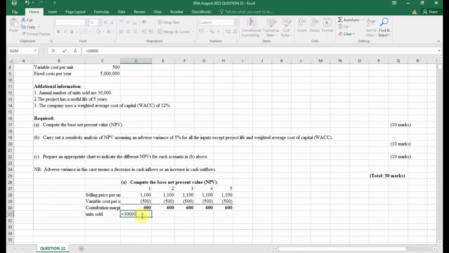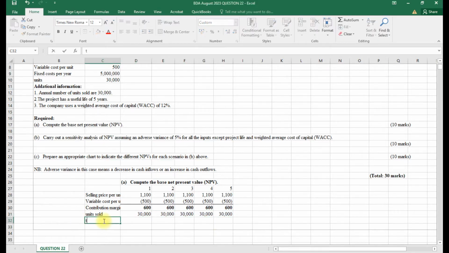I will lock that value because it is not changing, each year is 30,000, and I will drag that way.